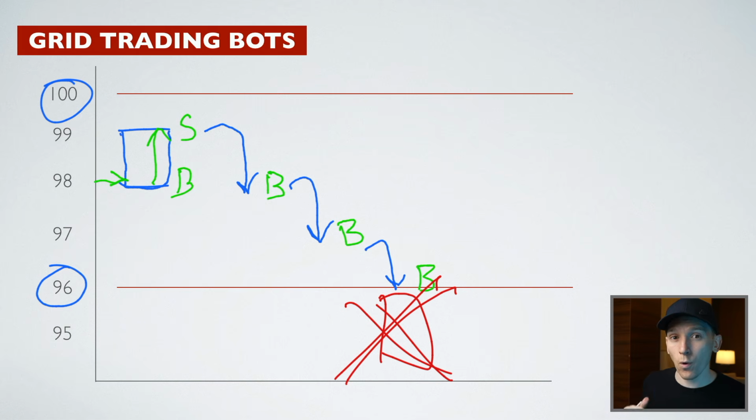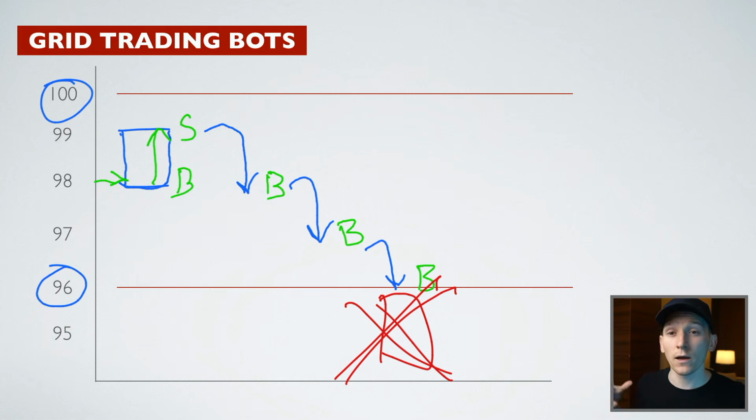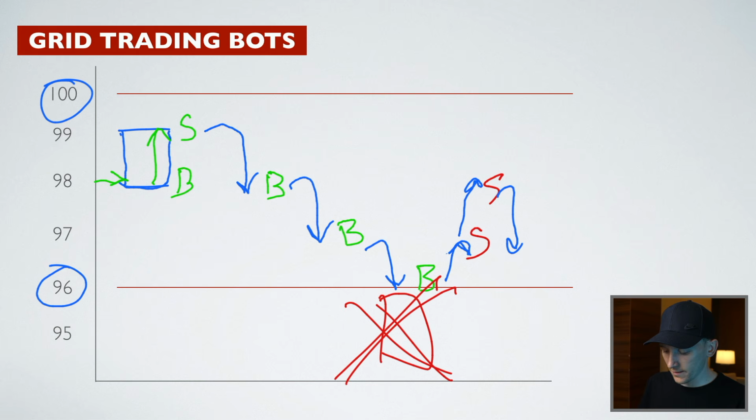Now, if you've bought the crypto here, which we have, you still own that crypto, but the bot is not going to trade or produce any grids below the level, because that's the level we set at 96. As the price moves back up, it's going to sell here, and then it's going to sell here. And then if the price moves back down again, it's going to refresh that buy offer and so on.